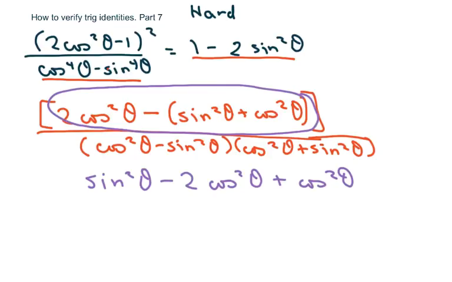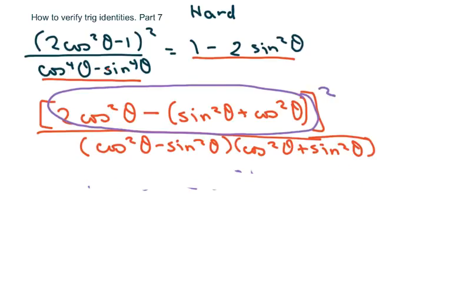And this whole thing is squared, I forgot that. So when you simplify this, you're going to get cosine squared of theta minus sine squared of theta, which is what I was doing before, but that's squared. So there's 2 of them.